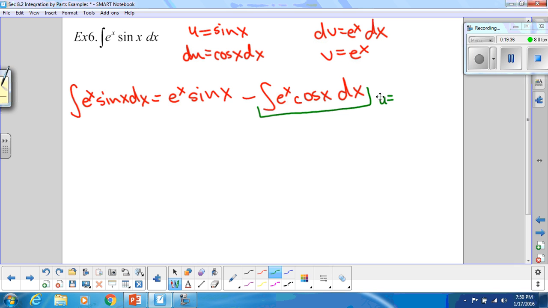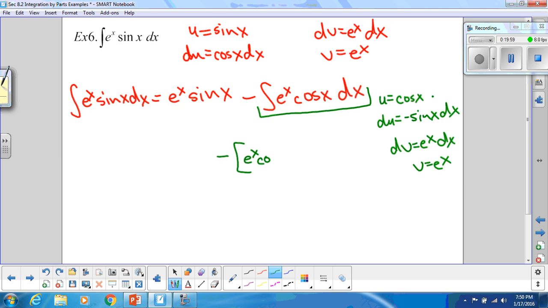My u is cosine of x, so my du is going to be negative sine x dx. And then my dv is e to the x dx, so v is simply e to the x. So for the green part, I would have negative in front of all this stuff, u times v. So that would be e to the x cosine of x minus the integral of v du.